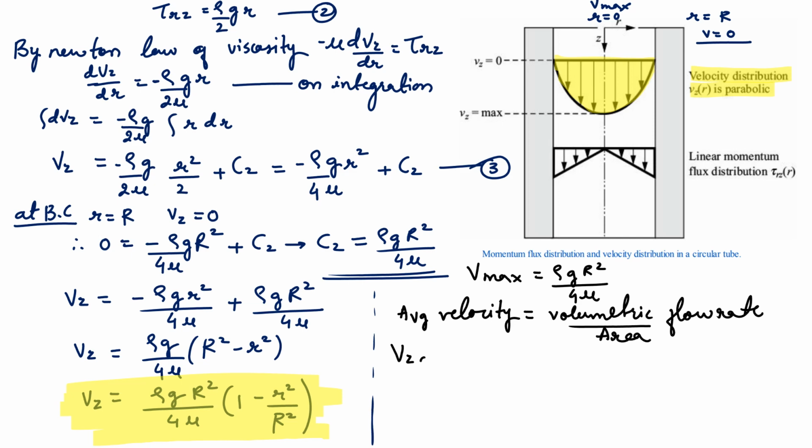So Vz average is equal to the integral from 0 to 2 pi, from 0 to R, of Vz r dr d theta, because we have r and theta directions, upon the area, which is the integral of r dr d theta.